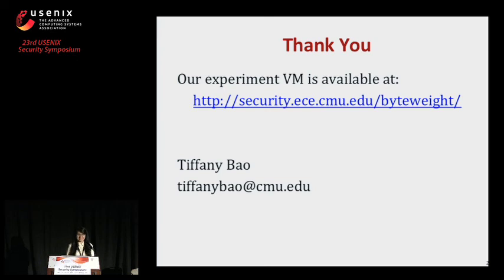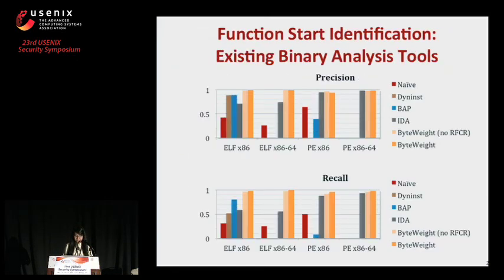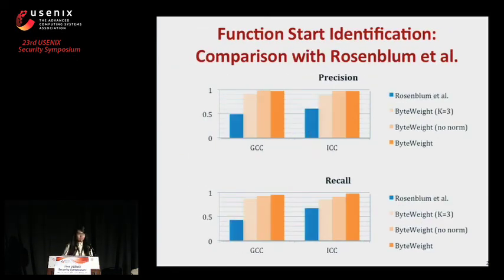Okay, that's a great question. If you pardon me, I will just scroll back a little bit. For Rosenblum's work, they are compiler specific, which means you need to tell them which compiler generated the binary. So this is our experiment where we compare against Rosenblum's work.